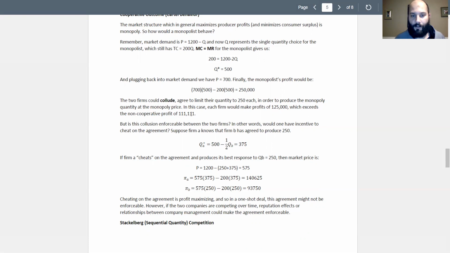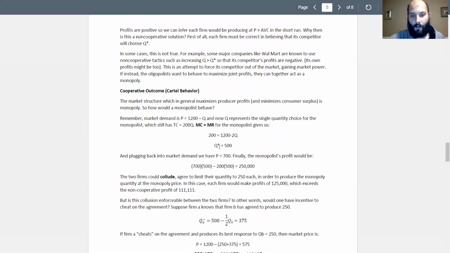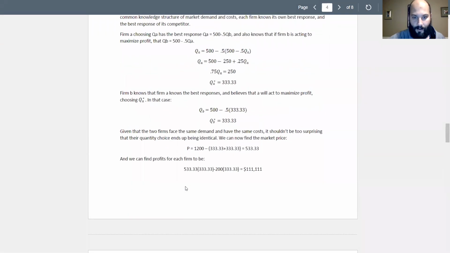All right, and we could do the consumer surplus calculation to show that this is also worse for the consumers, but we can see that there's a lower quantity and a higher price, 500 and 700 versus 667 and a price of 533.